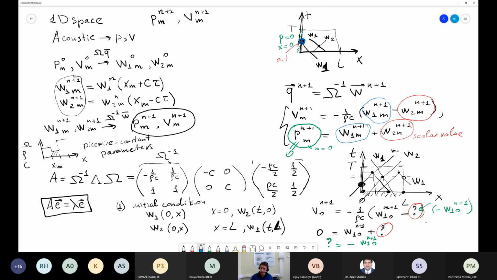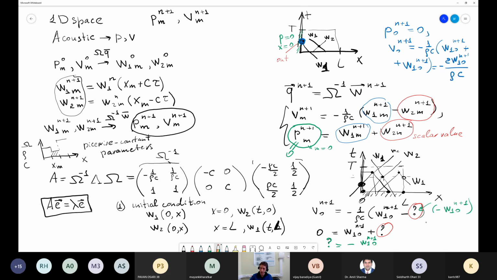We have to pose that P at the position 0 at the time moment n plus 1 is equal to 0 precisely, and V at the position n plus 1 is equal to -1 divided by rho c w1 0 n plus 1 plus w1 0 at n plus 1, so minus 2 w1 1 0 n plus 1 divided by rho c.